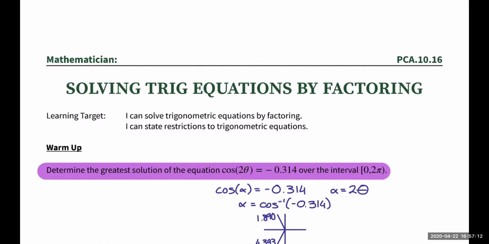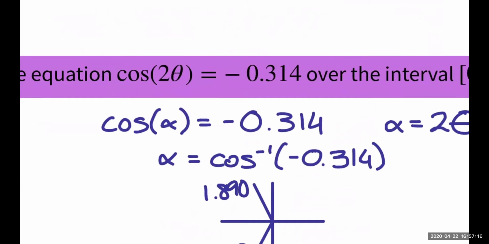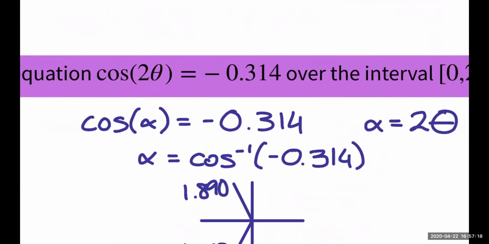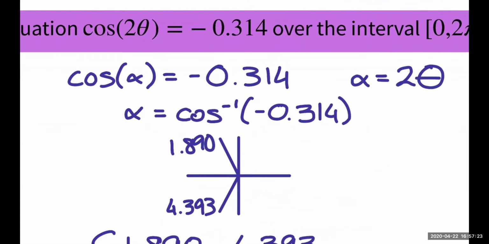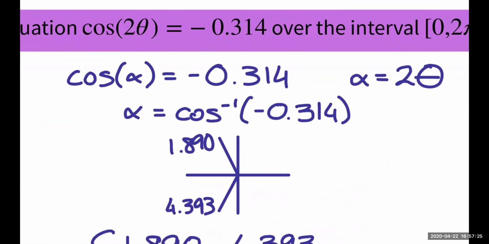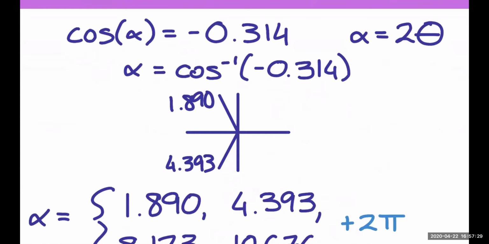All right, let's see how you did. So we've got a multiple angles problem here. So we're going to sub out 2 theta in for alpha. And then we can see that alpha can be found by doing the inverse cosine of -0.314. And that's going to give us these 2 angle measures on our axes or on the unit circle.